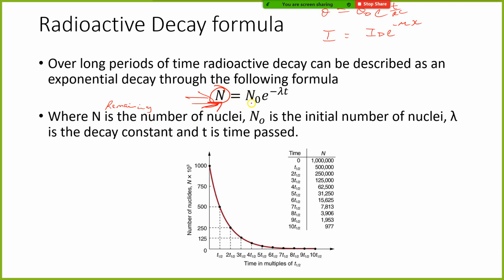I naught here is the initial amount that you would have started out with. E is the exponent. And this lambda symbol here is the decay constant.